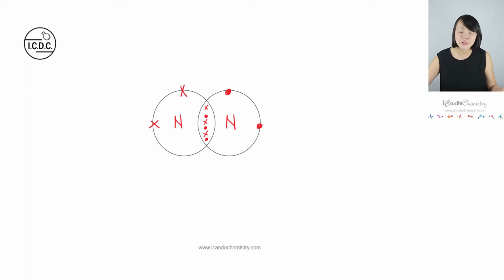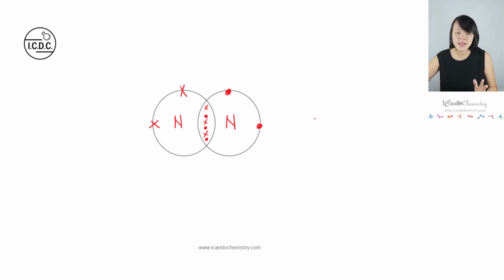So let's check whether each of them has attained the noble gas electronic configuration that they want. Alright, nitrogen on the left, we have 1, 2, 3, 4, 5, 6, 7, 8. Good. What about the one on the right? 1, 2, 3, 4, 5, 6, 7, 8. Great. So both of these nitrogen has attained the noble gas electronic configuration. Now we are able to convert this into the structural formula.